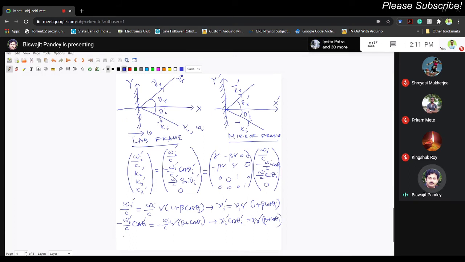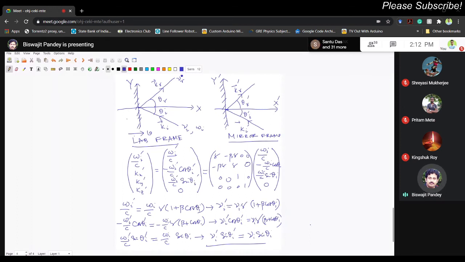The third equation, that is the simplest one: omega I prime by C sine of theta I prime will be equal to omega I by C sine theta I. And if you write in terms of nu, C is again dropped, nu I prime sine theta I prime will be equal to nu I times sine theta I. So we have three equations, these three relations, and we have to calculate the similar primes for the reflected wave.